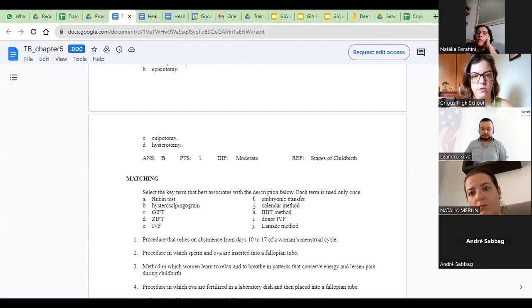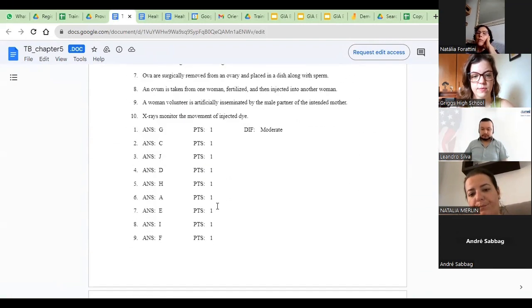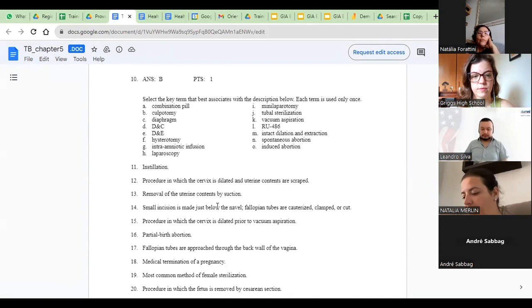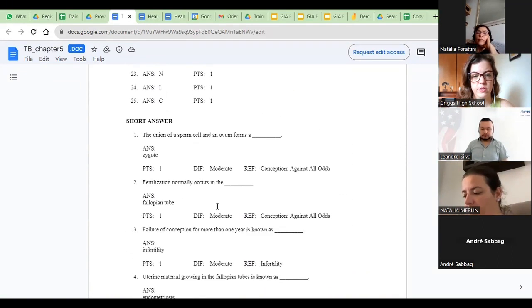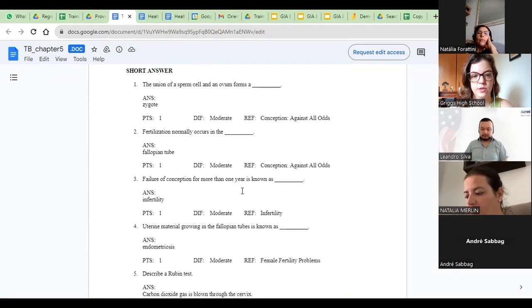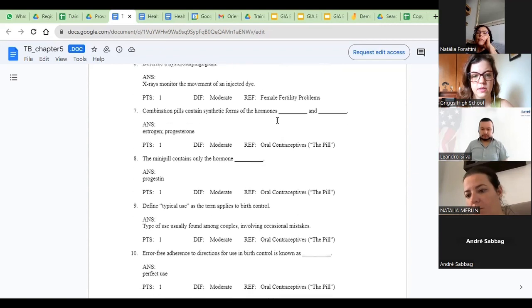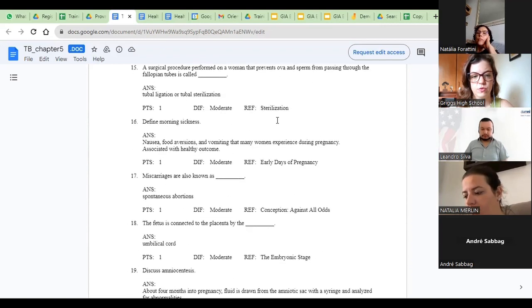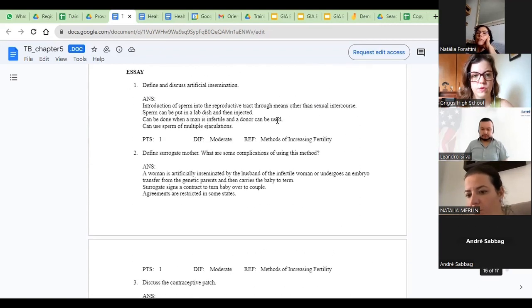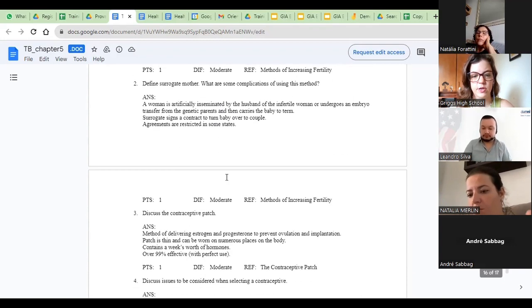Many questions. Matching. Matching. Short answer. But this short answer is different from ours. It's actually filling the blanks. And essay questions.